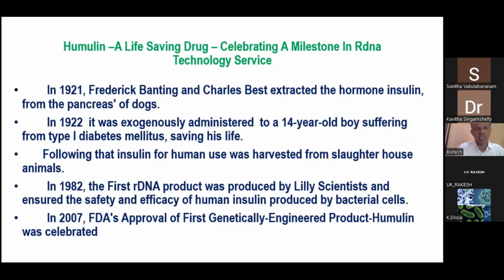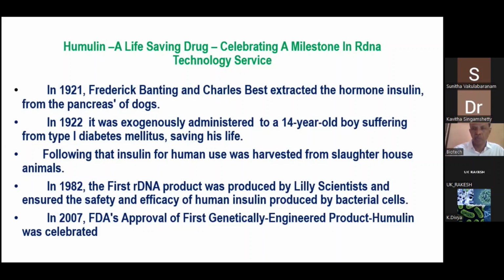And then the last is humulin. This is the first life-saving drug that is produced by rDNA technology. I repeat, humulin is the first rDNA product, produced by rDNA technology.